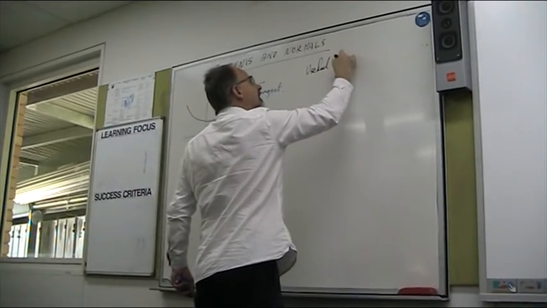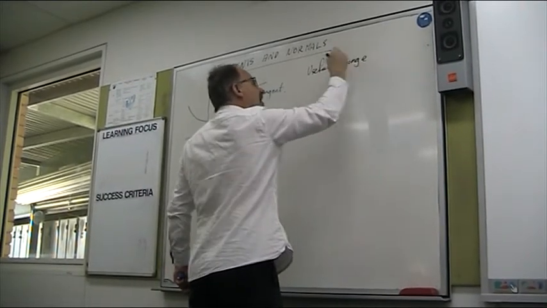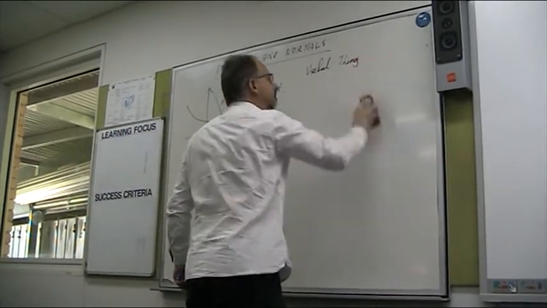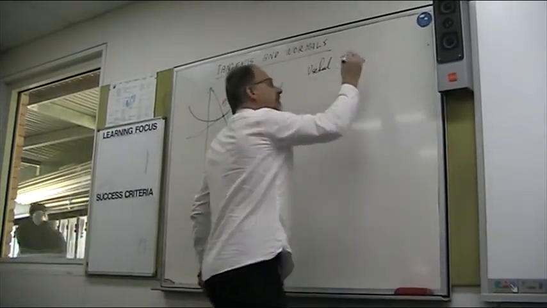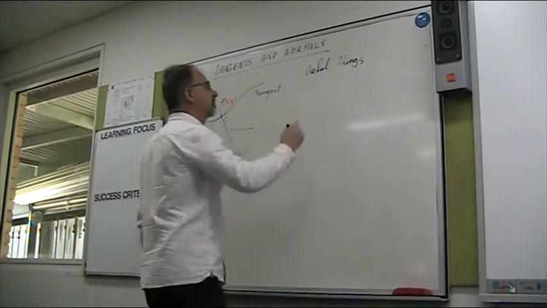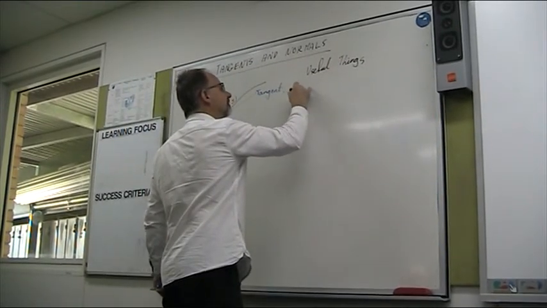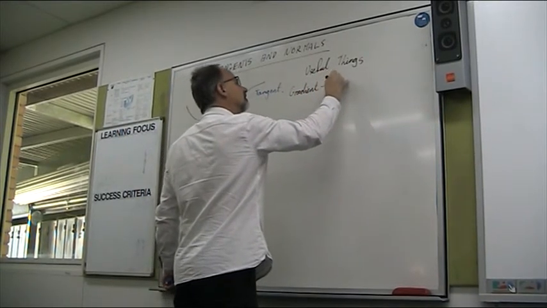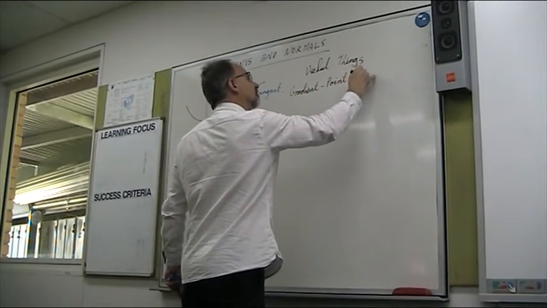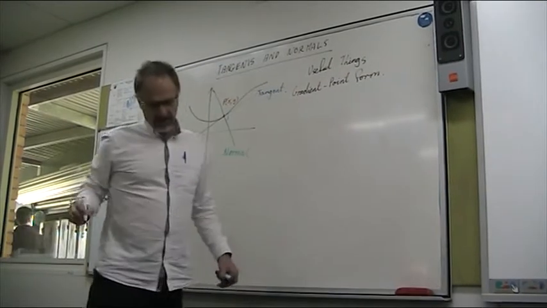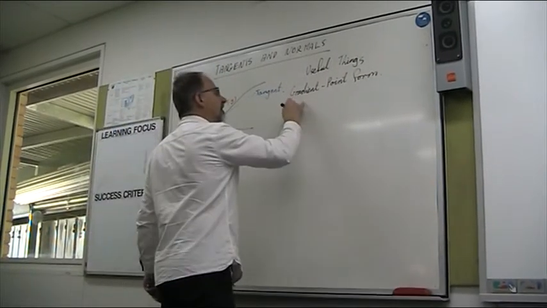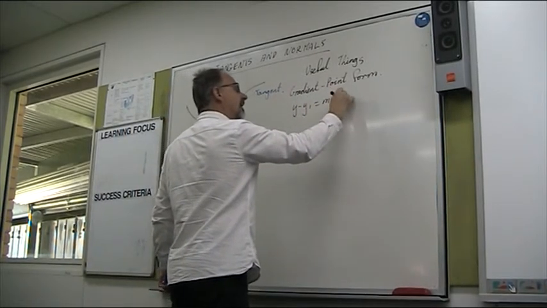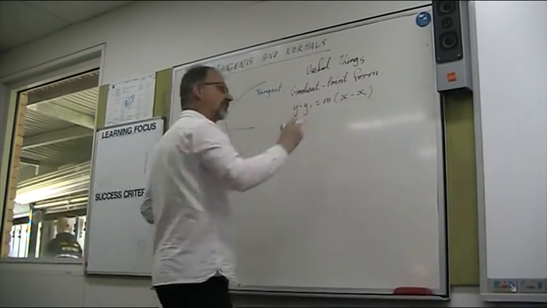So the useful things for us are the gradient point form of an equation. So the gradient point form is y minus y1 equals m times (x minus x1).